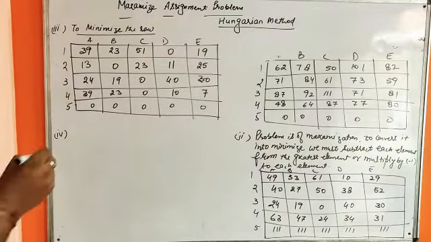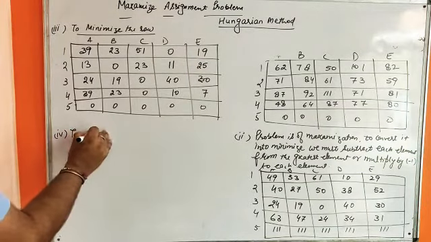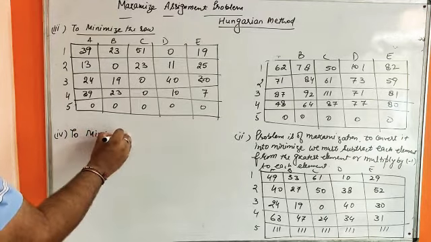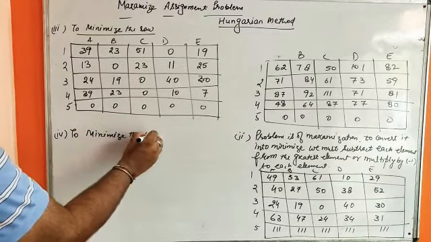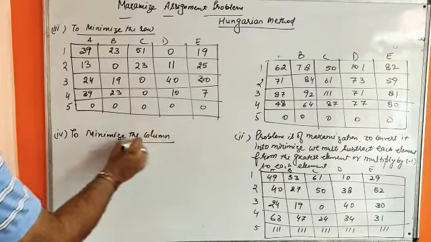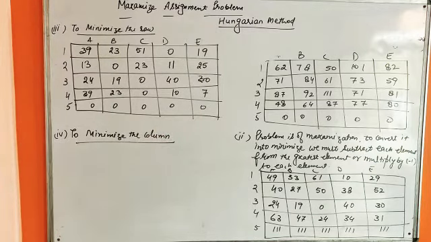Now the fourth step is to minimize the column, and this step can be performed if there is no 0 in any column. Now we see every column has 0, so no need to perform this particular step.